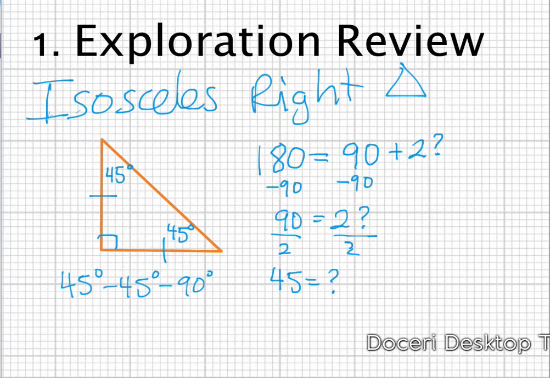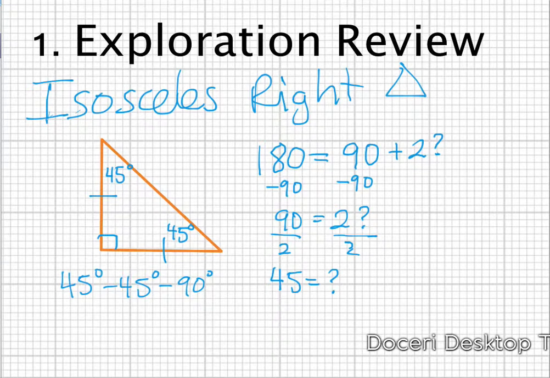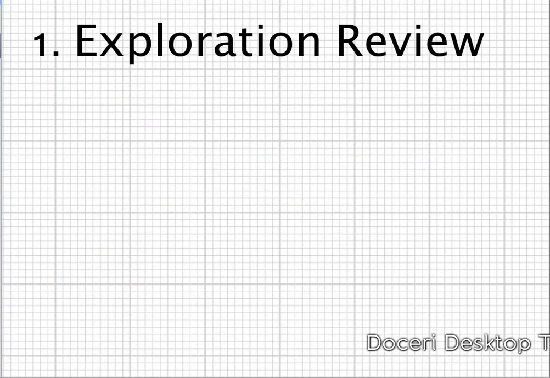So next, we looked at, in the investigation, the relationship of the sides. So if we take this right triangle again, I'm going to copy it. Okay, so here's our right triangle. If they have the same side length, I want to find if there's any special relationship.